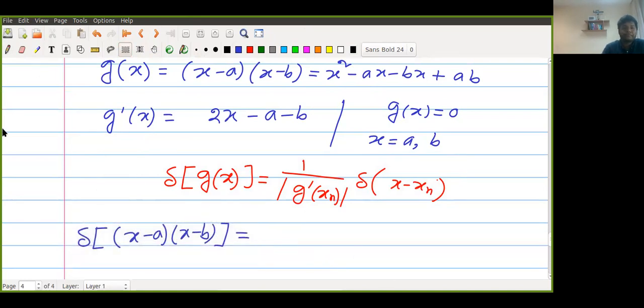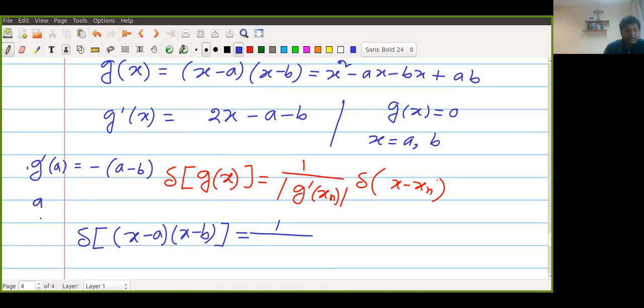So what will happen when I put the value of a and b here? When I put the value of a in this formula, g prime of a will be 2a minus a minus b, so it will be a minus b.